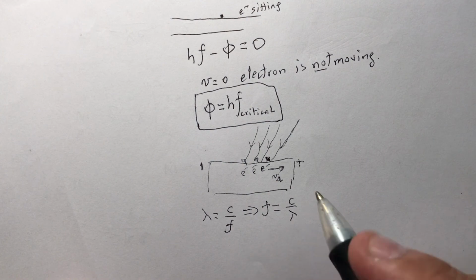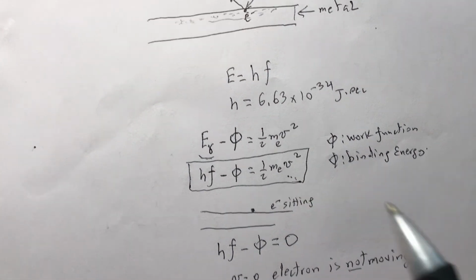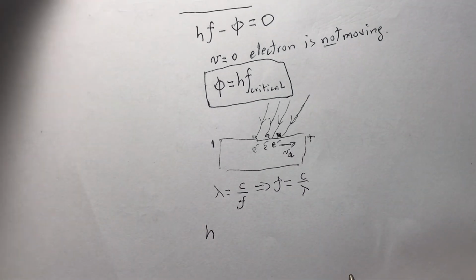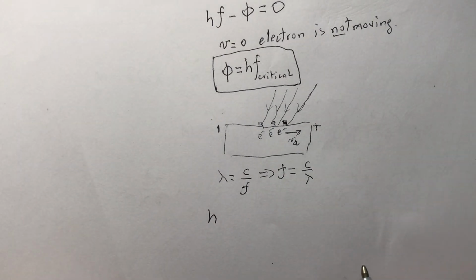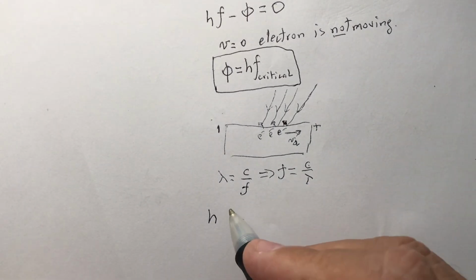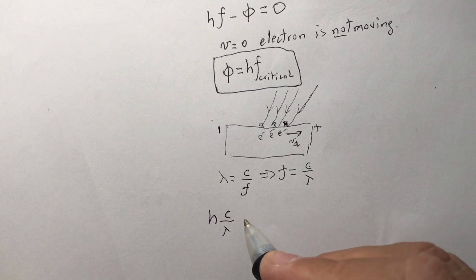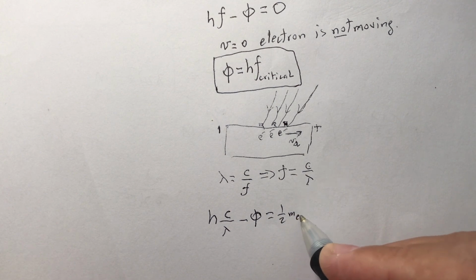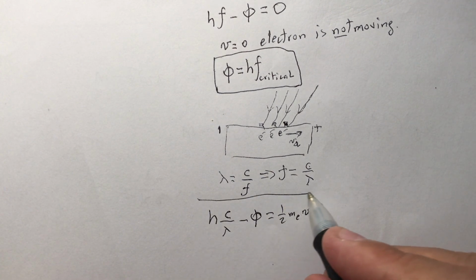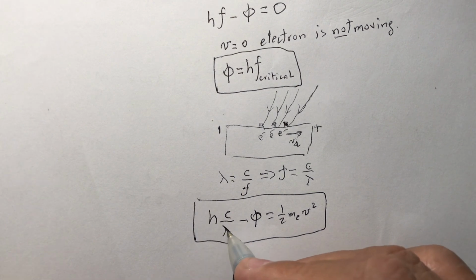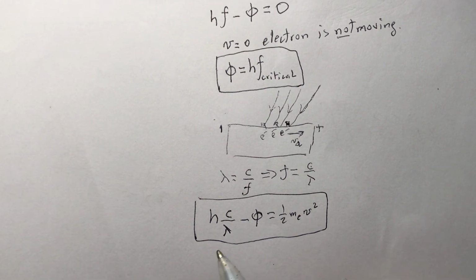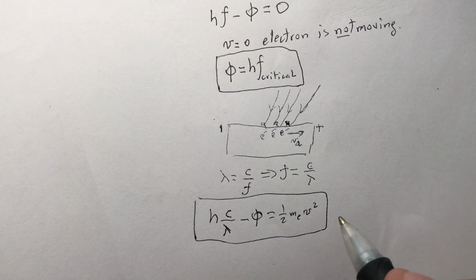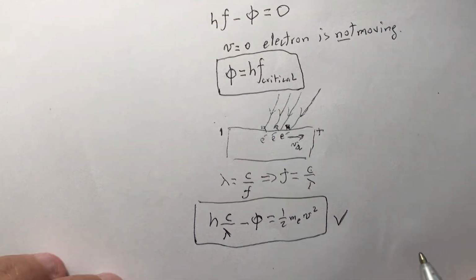I can change the equation into h times c over lambda minus the binding energy is equal to 1/2 m_e v squared. This equation tells you about the wavelength of the light that came in and hit the electron. So you can use either this equation or the other one.